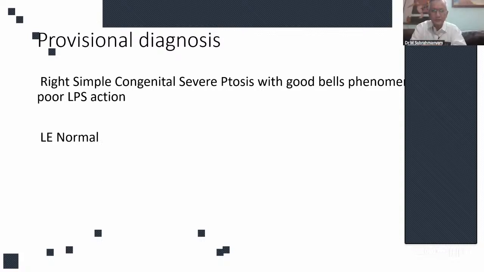Very good. So, how is the LPS action? Sir, LPS action in this case is poor, sir. Poor. So, what do you want to do? As there is poor LPS function, there is no need to resect the LPS. I want to do frontalis sling surgery, sir.